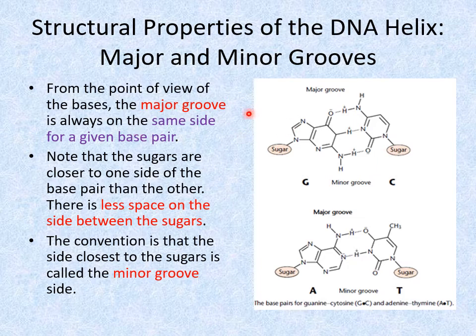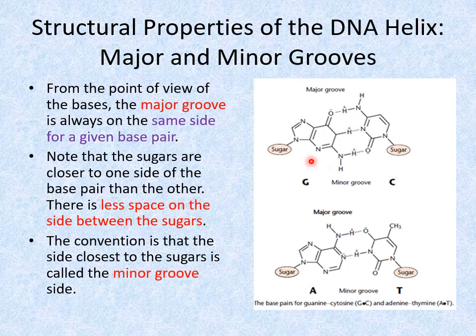Now, second thing that we talk of when we describe a DNA molecule is the presence of major and minor grooves. Major and minor grooves refer to the distance between these sugar molecules. If we talk of these two parts of the DNA molecule, the two opposite strands, this is the backbone and here is the nitrogen base pair.